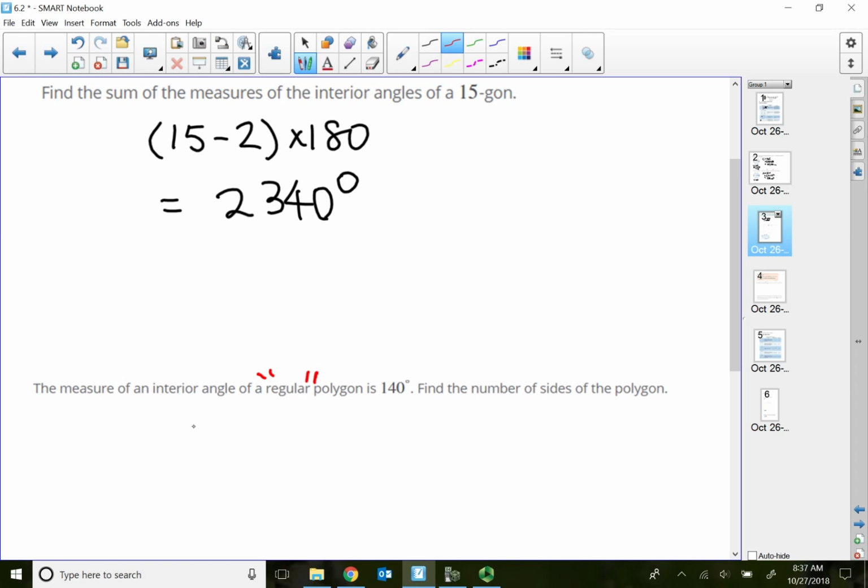Remember this formula, n minus 2: how many sides minus 2, times 180.